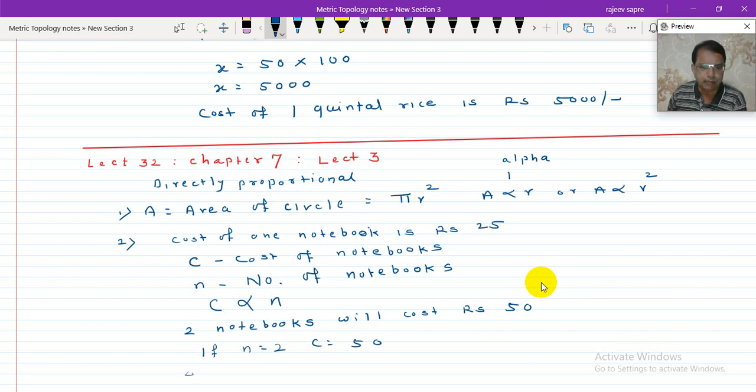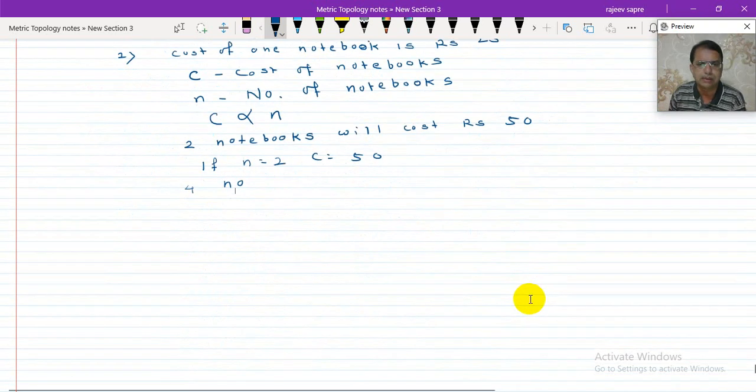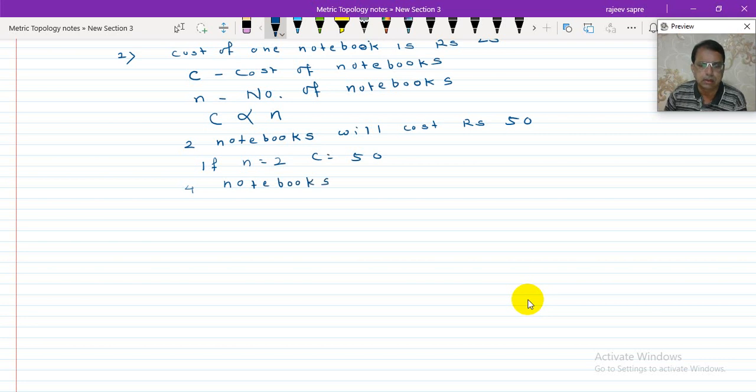Now suppose I take 4 notebooks, I will go downwards, then C will be 100. So it means if N is 4, C is 100.